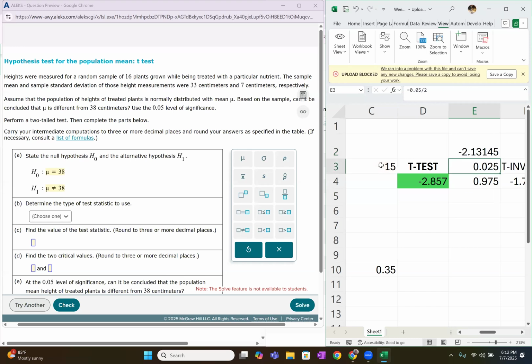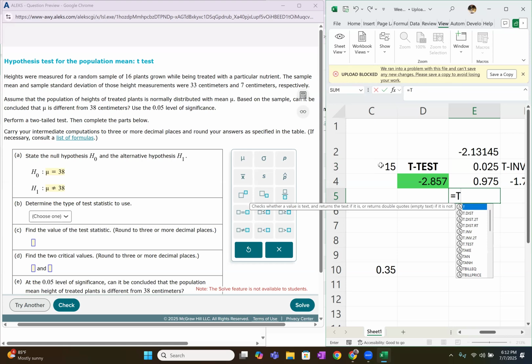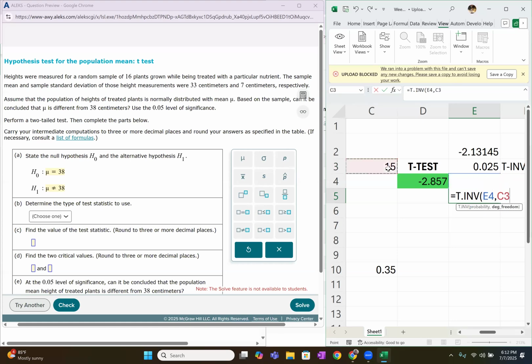And that's going to be the lower value. For the upper value, you want t dot inverse again, with 0.975, comma, and the 15, and you get the positive 2.315, because one is going to be the low value, one is going to be the high value.